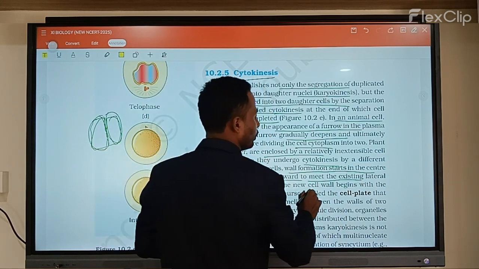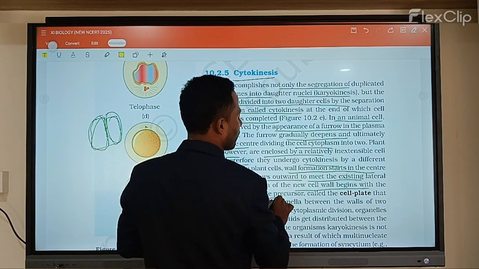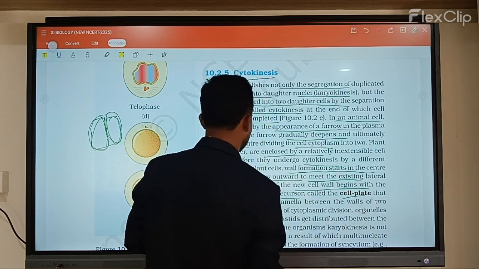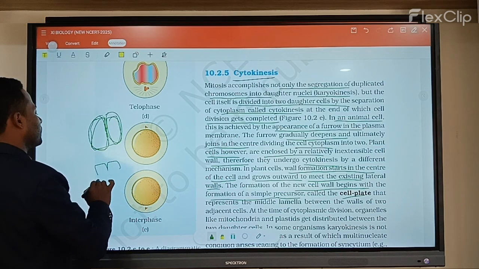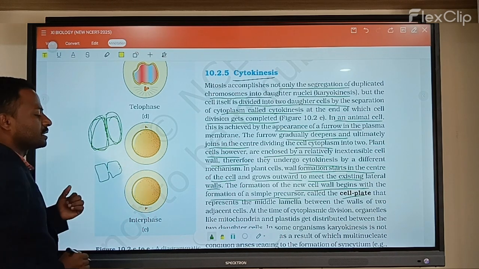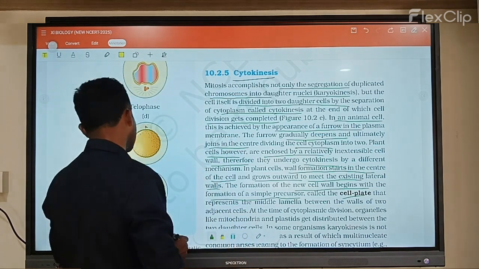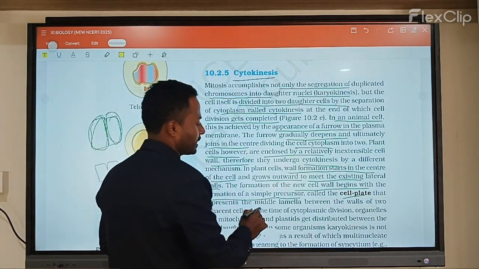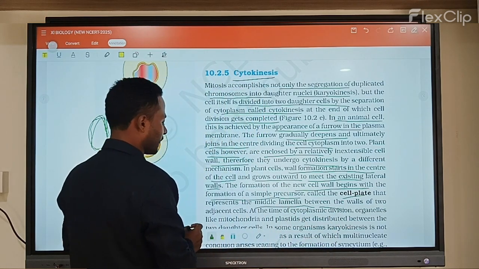The precursor of the new wall is called the cell plate, which produces two daughter cells. The cell plate is made up of the middle lamella, which is calcium pectate and magnesium pectate.